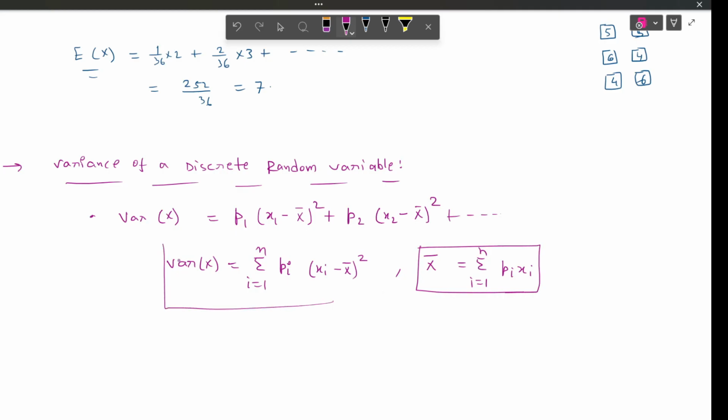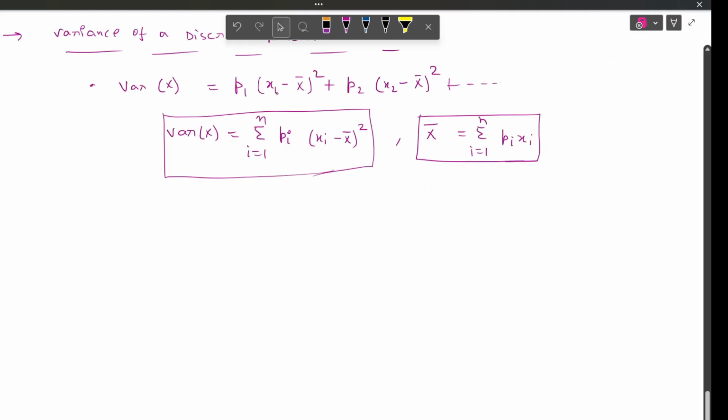And variance of x you can calculate it in this manner: summation of pi multiplied by xi minus x bar square. Okay. We can find variance in other manners also.